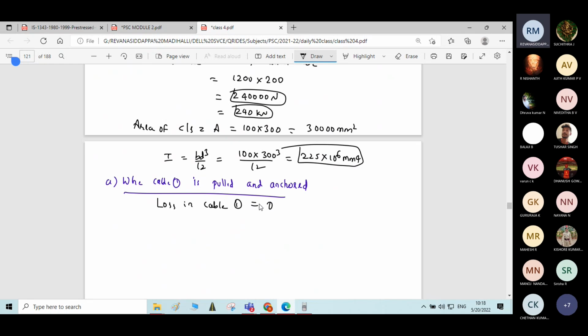Loss due to elastic shortening, students. The basic principle says that if cables are stretched simultaneously, then there will not be loss. As this is the first cable, and it is stretched and released, there is no loss in cable 1. When cable 1 is stretched and anchored, there is no loss.